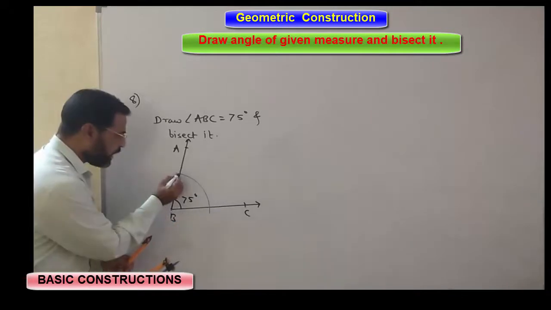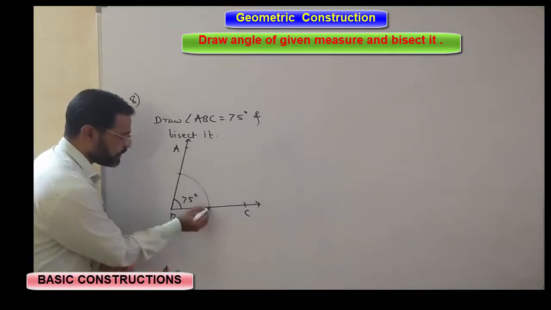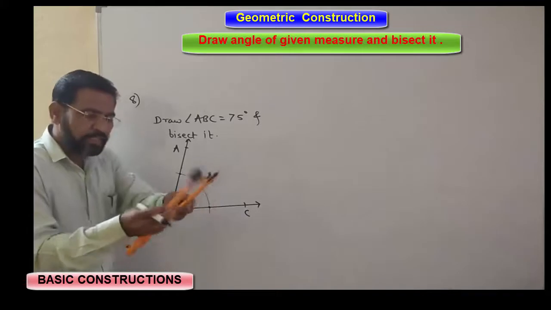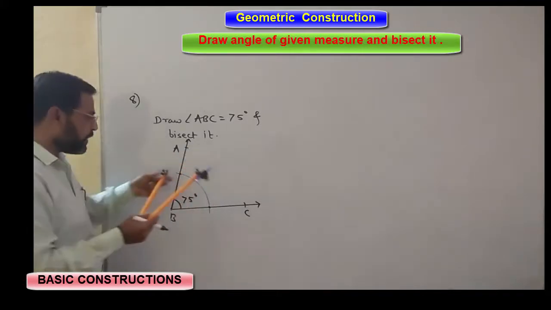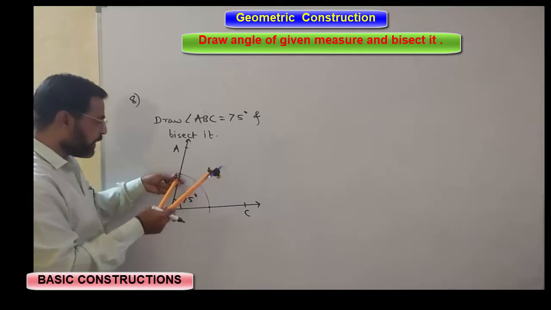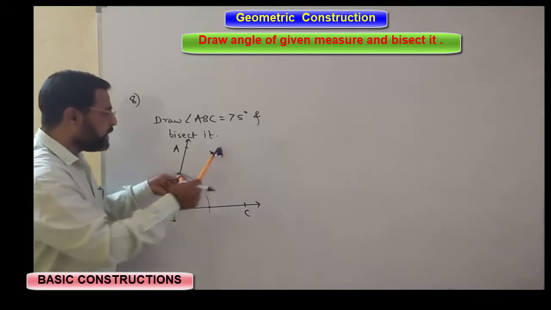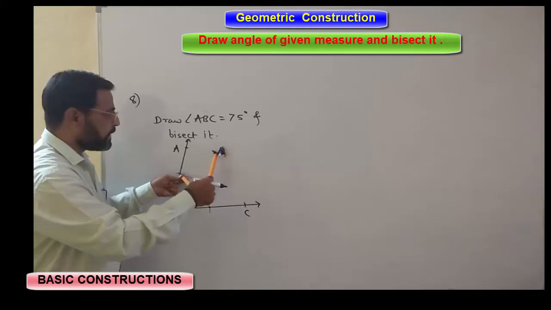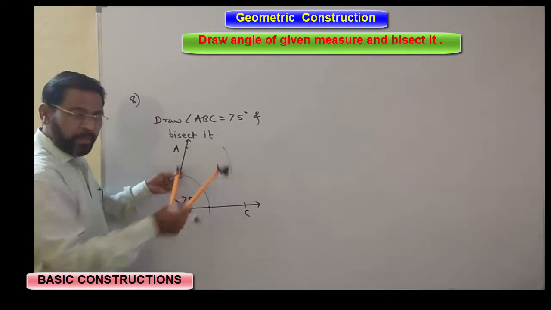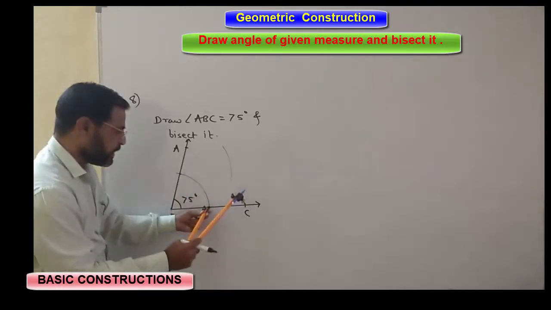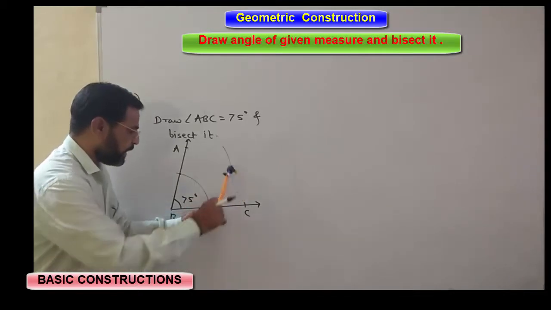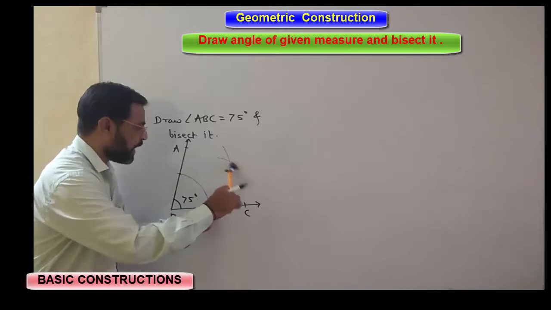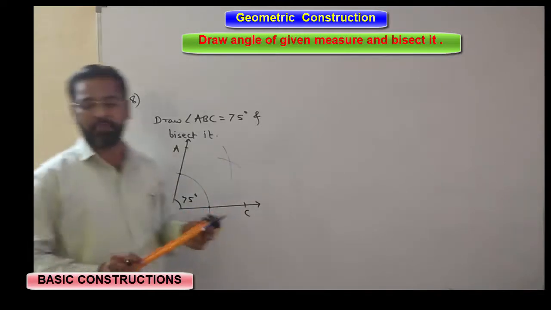Now again we get two points here. Now I'll just extend the distance in this compass, put it on this new point, and draw an arc in the interior of that angle. By the same distance we draw from the second point and draw an arc here, and here is an intersecting point.